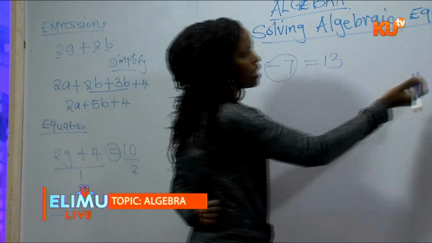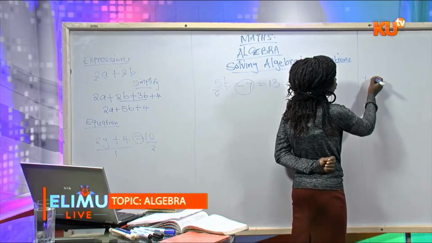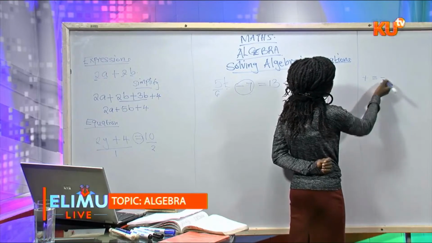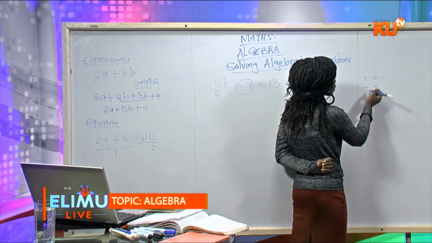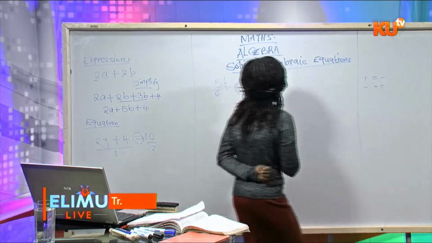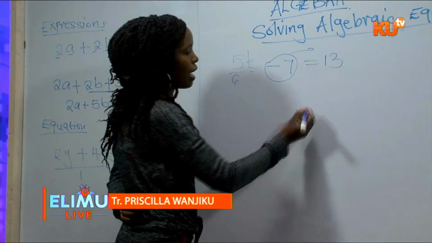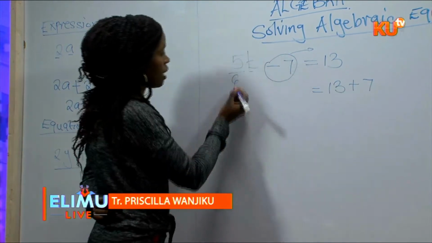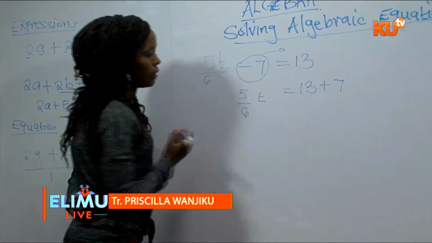If I had addition, when it crosses over the equal sign, it is going to be minus. If I have a negative sign, that is minus, and it crosses the equal sign to the other side, it is going to be positive. So this 7, I'll take it to the other side, and I'm going to have 13 plus 7, and this side I remain with 5 over 6t.